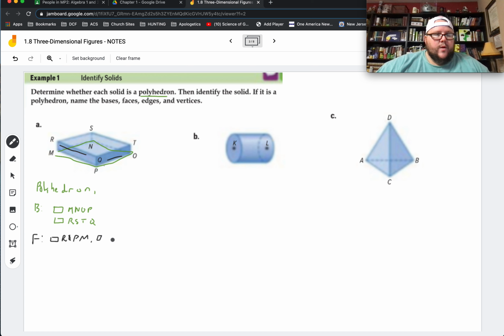We have rectangle RSNM, this back face. And then we have STON. And then we have TOPQ right here.